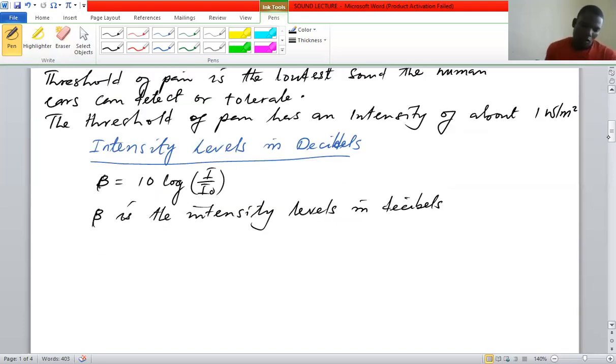Here the threshold of hearing is more like a constant.